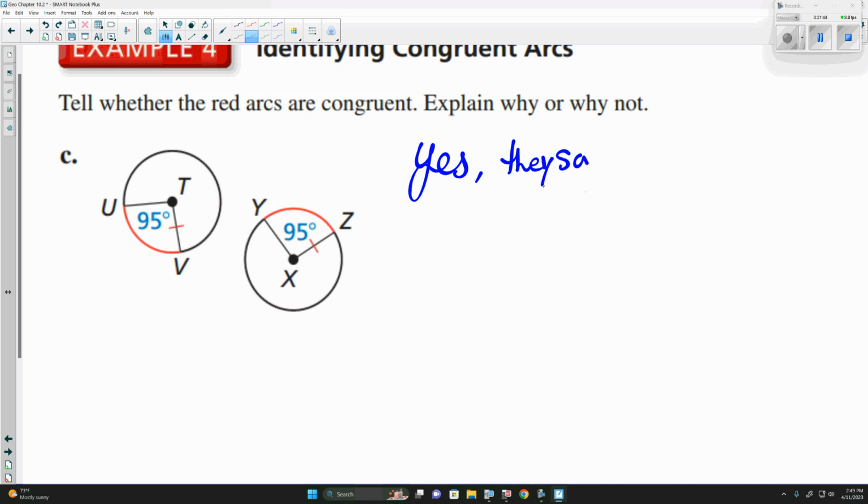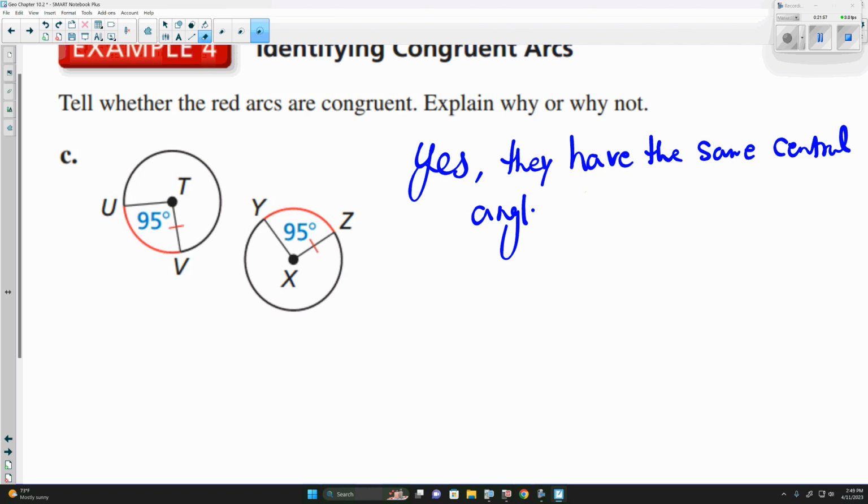So we can say they have the same central angle, and the circles are congruent.